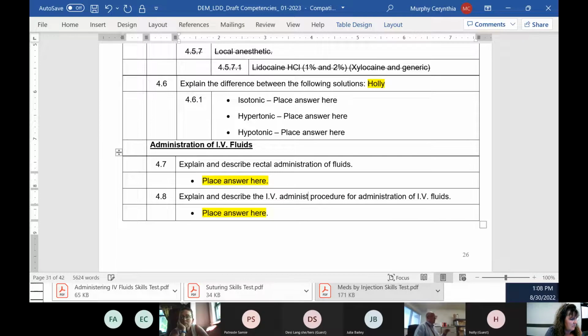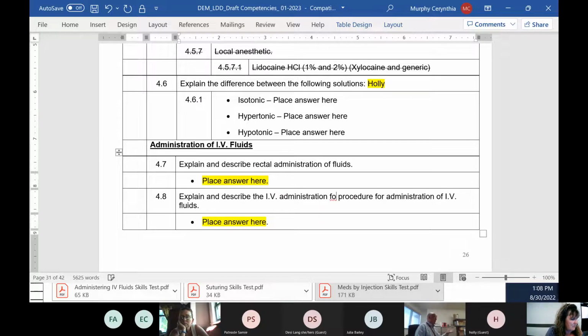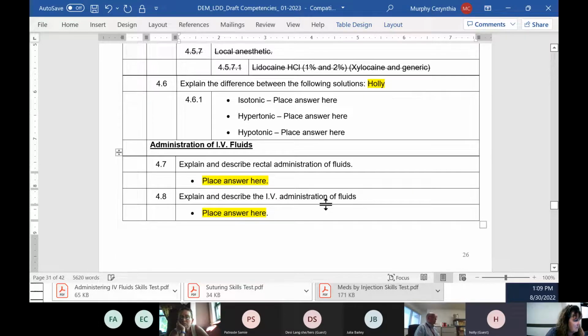Does that cause them to go all the way back to find a site, cleanse the site? Good point. Because with rectal administration, we're often using fluids that are used for IV, but administering them rectally for whatever reason. But sometimes we're just using a Fleet's enema just to plump up the veins a little bit.